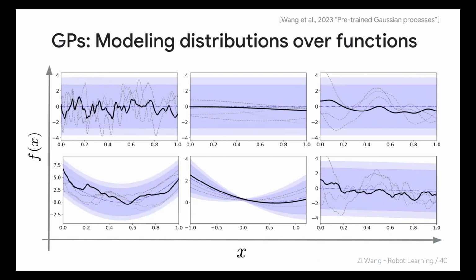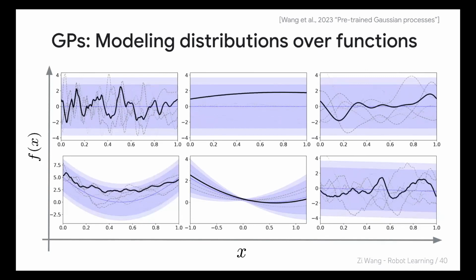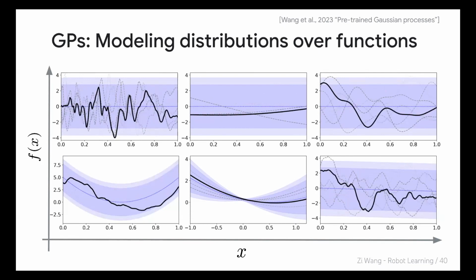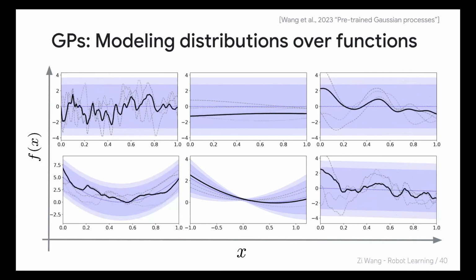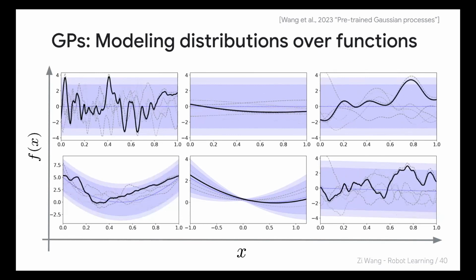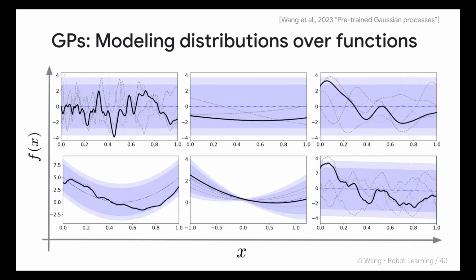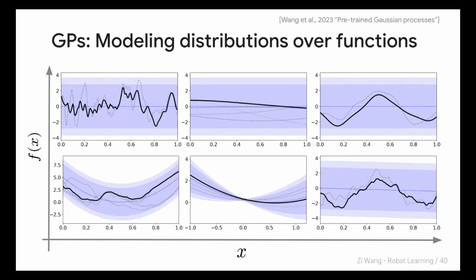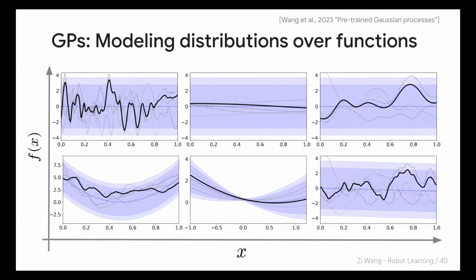So here are some examples. One thing to note is that in the top row, if you look at the mean function and confidence intervals, they look exactly the same. So while they look the same, the behaviors of the functions, the characteristics of these functions generated from the three Gaussian processes are very different.